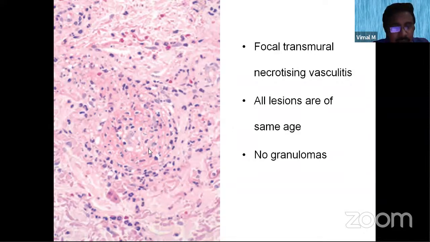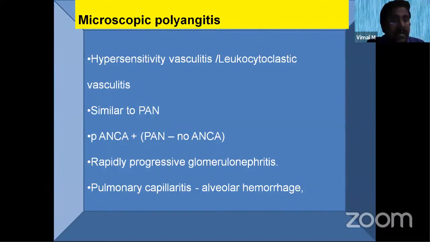You can see the focal lesions, but here is a very interesting finding: all lesions are of the same age. What does it strike in your mind? I told you in polyarteritis nodosa, all lesions are of different ages, but in microscopic polyangiitis, all lesions are of the same age. Please remember, microscopic polyangiitis will be similar to PAN in most features, but you have two differences.